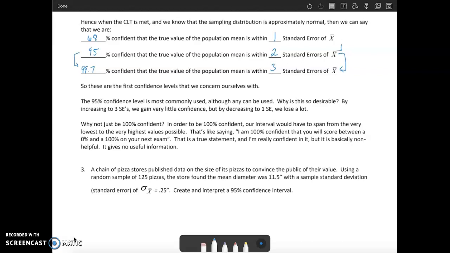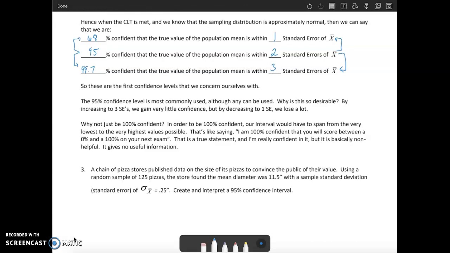If you decrease from 2 standard errors down to 1, you lose a ton of confidence. I went from being 95% confident to only 68% confident. So it's the sweet spot. That 95% level is where you can have a high level of confidence without getting so wide with your interval that it stops being helpful or making sense.